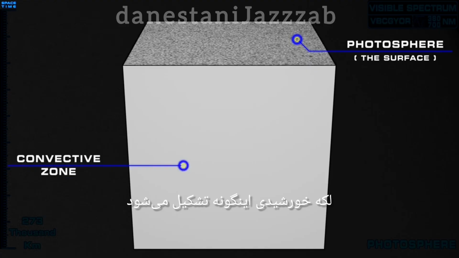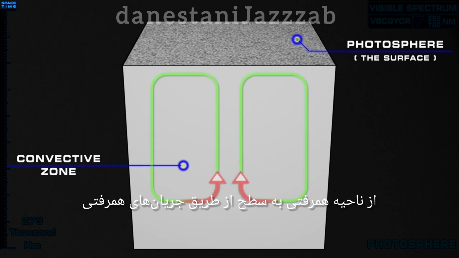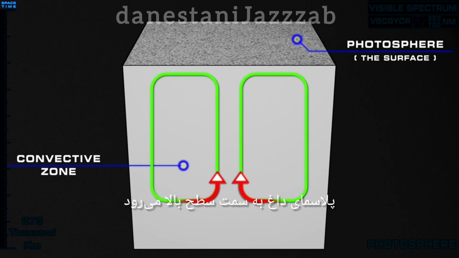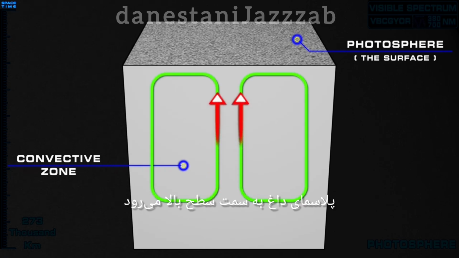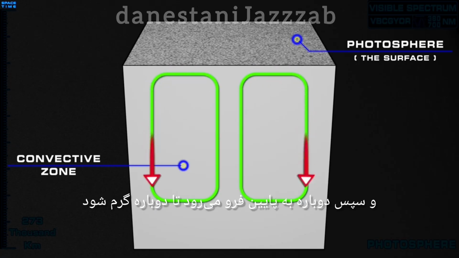This is how a sunspot is formed. The energy deep inside the sun is transferred from the convective zone to the surface through convective currents. The hot plasma rises toward the surface, loses its heat to the cooler surface, and then sinks back down to be reheated.